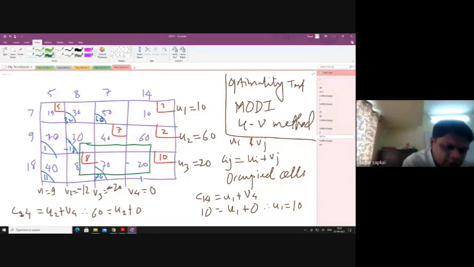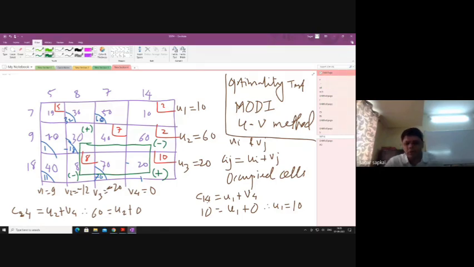So from where you have started, you have to mark it as a plus. Then next corner point, immediate next corner will be minus. Immediate next turning point or corner point will be plus. Then next will be minus. So plus minus plus minus. This is called as a loop. So you have to draw a loop in this manner.